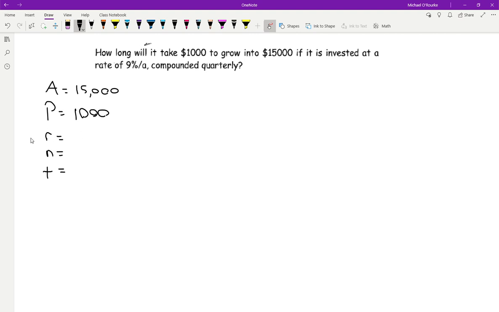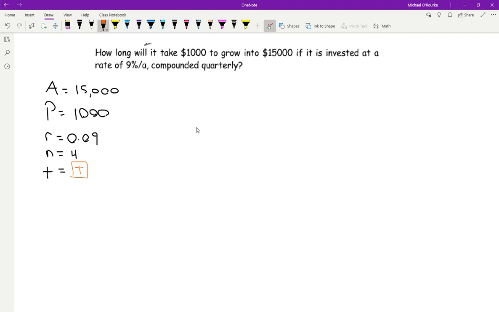What's my R in this case? Can someone give me my R? Very good, Ben. Now, what's my N on compounded quarterly? Good. And this is my unknown right here. Right, so that's my T is my unknown.